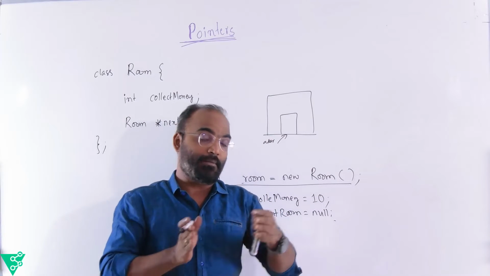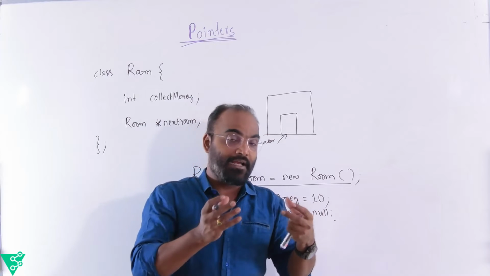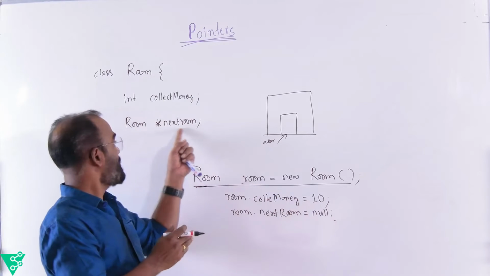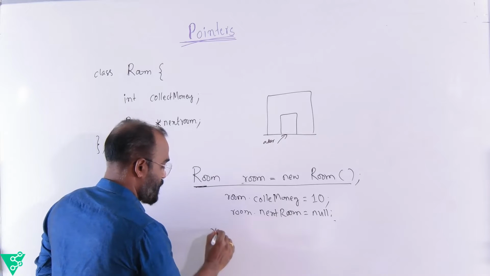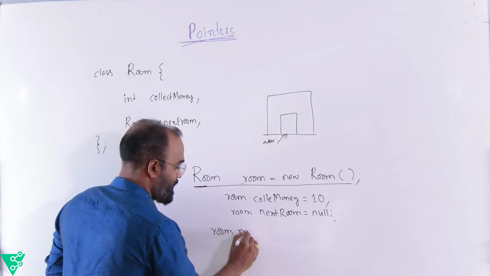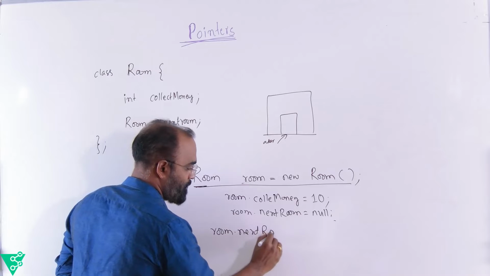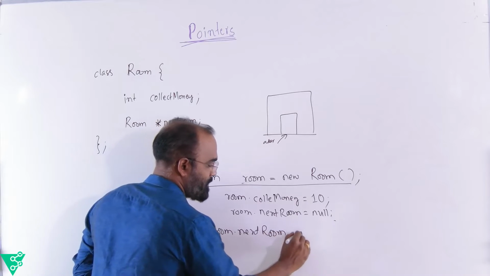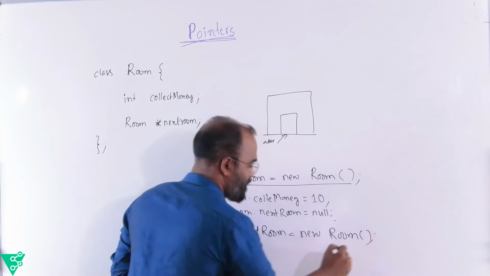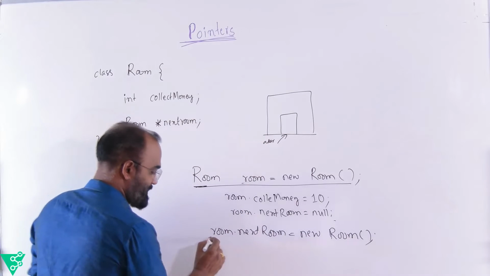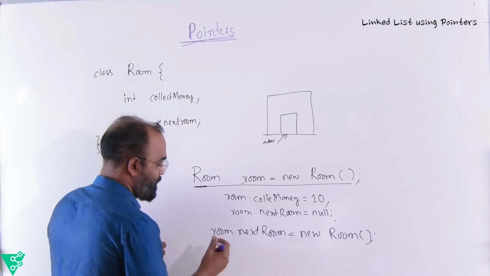So how do you combine these two? What is the handle that you have? You have this next room. So you should build room dot next room is equal to new room. Now you see, this is the key to understand how we reference it.